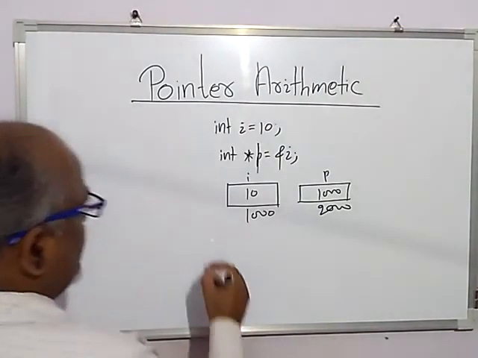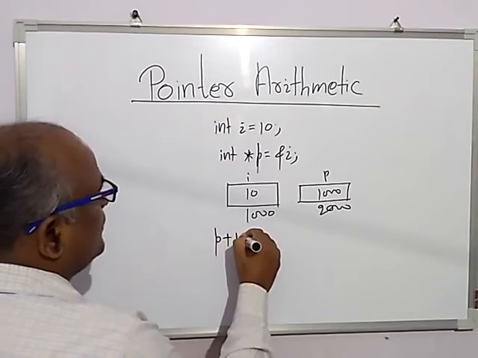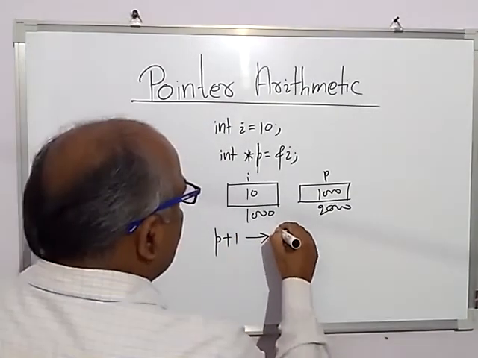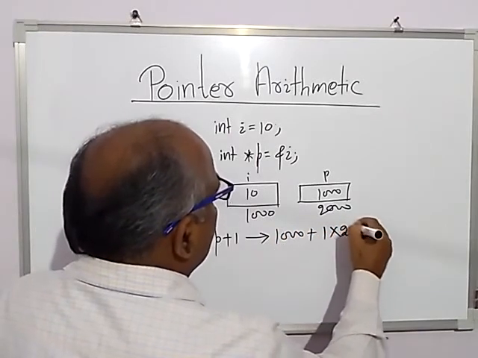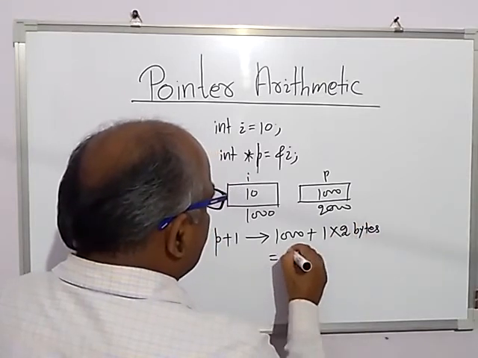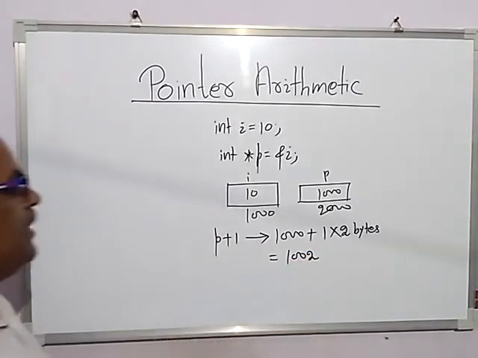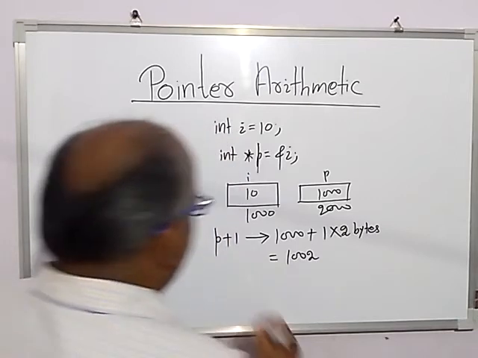So in this case, suppose we consider p + 1. What does it mean? p + 1 means p = 1000 + 1 * 2 bytes. That means address equal to 1002.